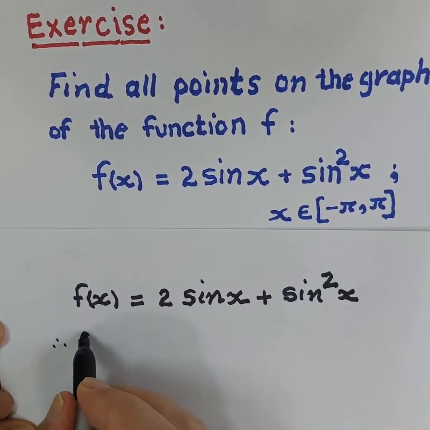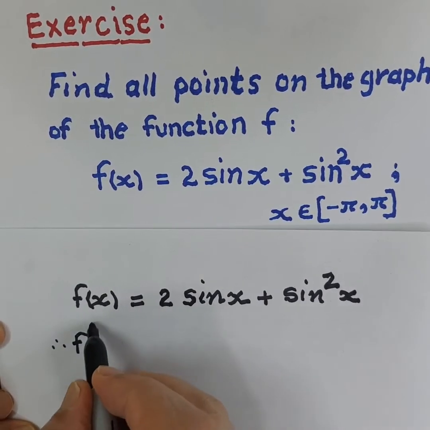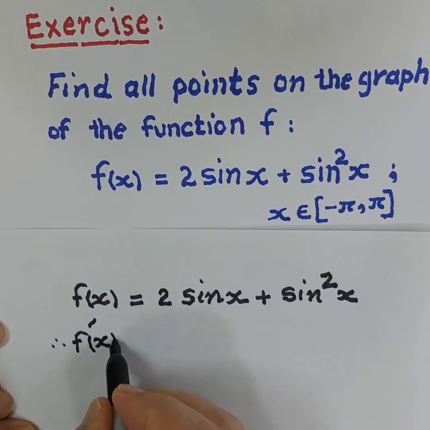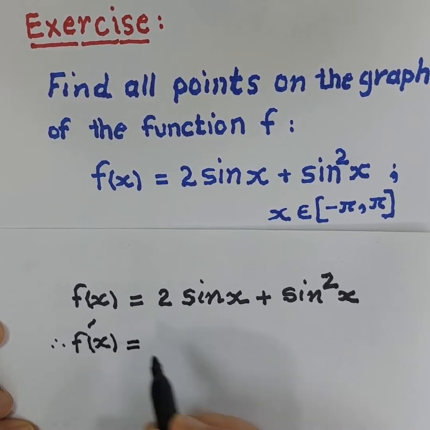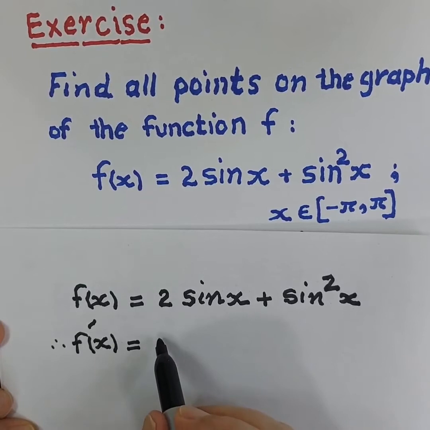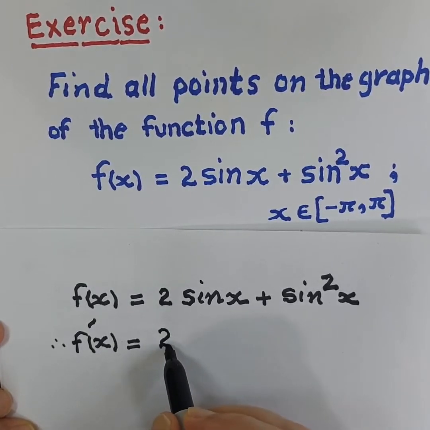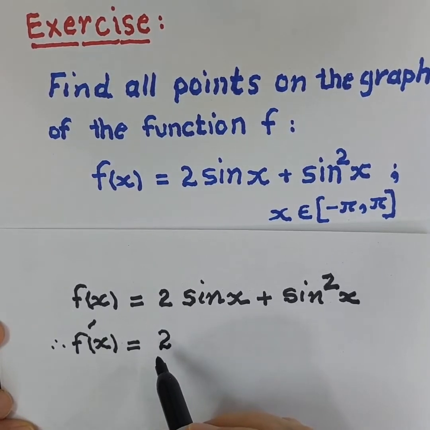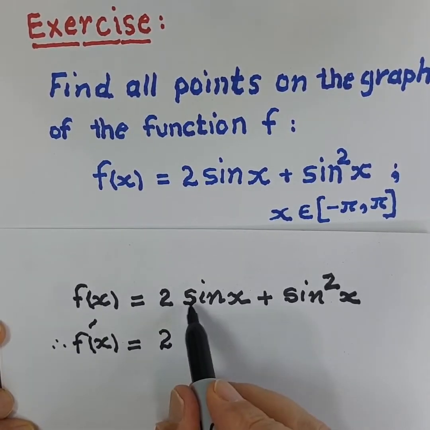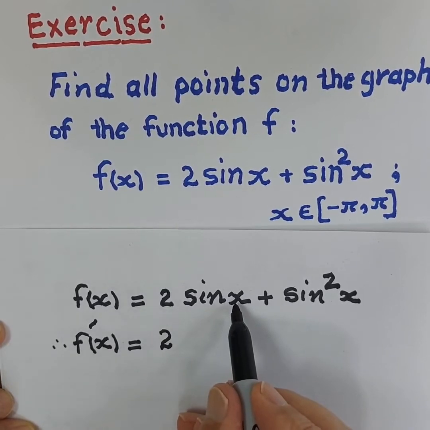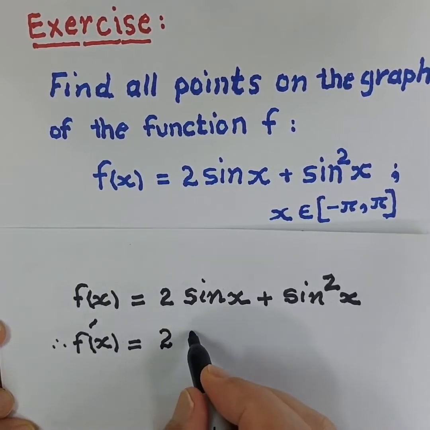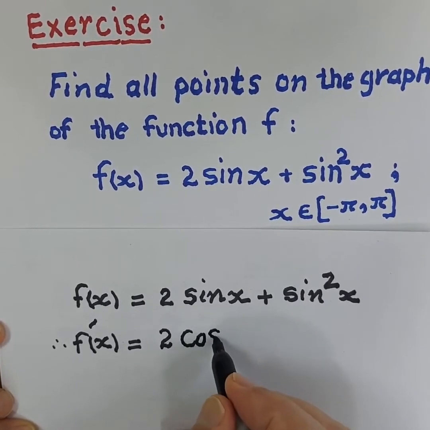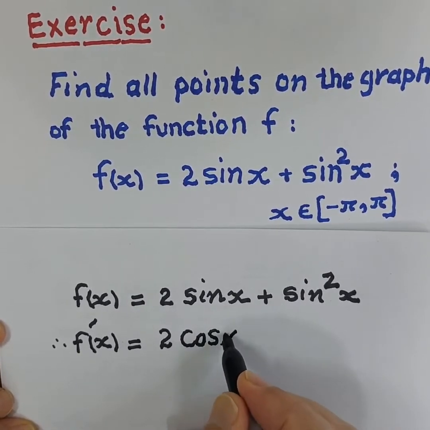So the derivative, which can be referred to by f dash x, is equal to, here 2 is a constant multiplied by a variable, so it will stay in the answer. Find the derivative of sine x. We know the derivative of sine is cosine, so we write cosine x as the derivative.